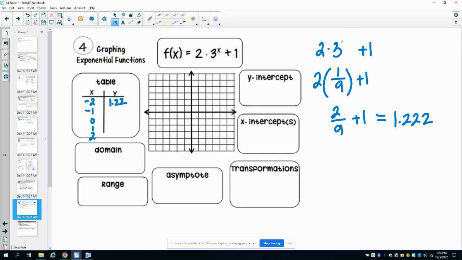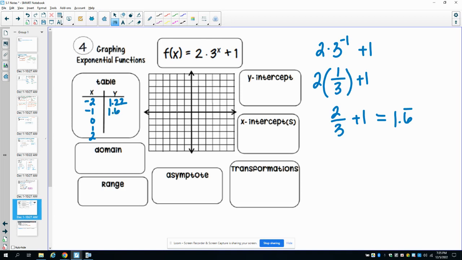So if I just change this to -1, then that's going to be 2 times 1/3 this time, which is going to be 2/3. So I'll get 2/3 plus 1, and 2/3 as a decimal is 0.6 repeating. So this one will be 1.6.